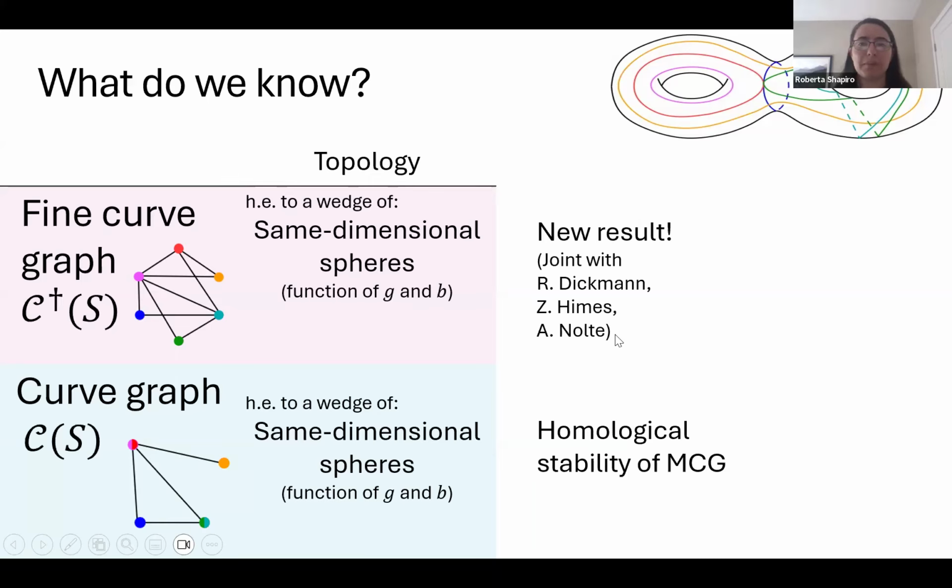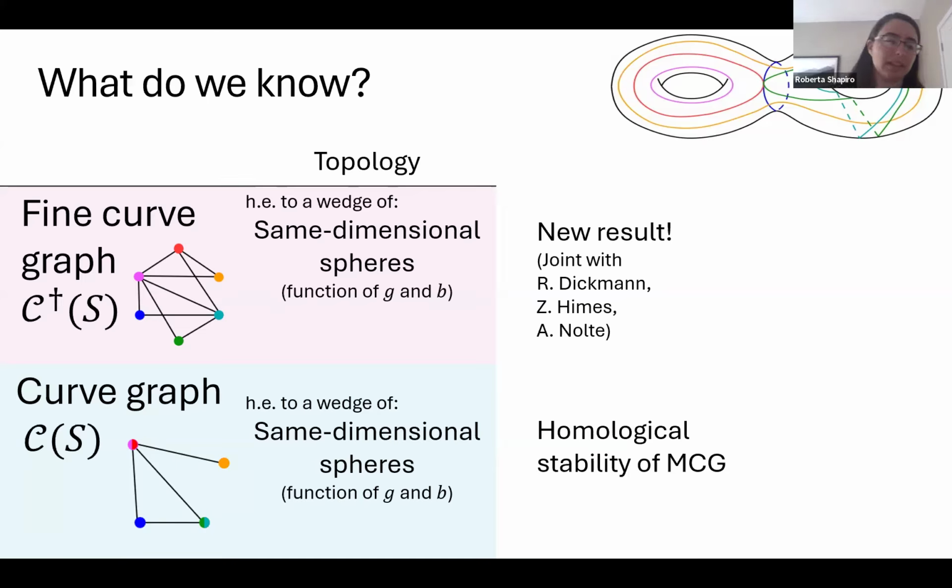The reason that maybe this wasn't as expected is because the curve complex itself is finite dimensional, as a function of g and b. However, the fine curve complex is infinite dimensional because it has simplices of arbitrarily high dimension.